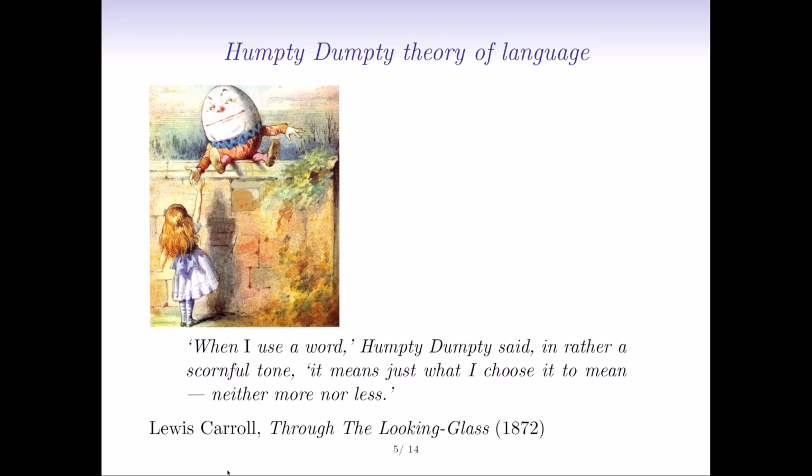So, not to over-egg the point, but I wanted to return to this Humpty Dumpty theory of language, which I mentioned in the previous lecture. Remember that Humpty Dumpty in Through the Looking Glass says, "When I use a word, it means just what I choose it to mean, neither more nor less." Now, this is really just to make the point again that the function symbols and predicate symbols in a given first order language are just that.